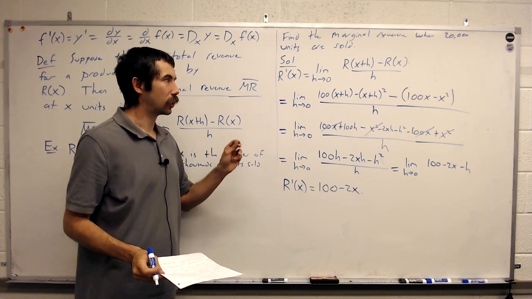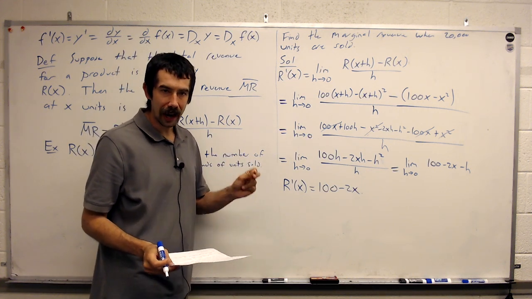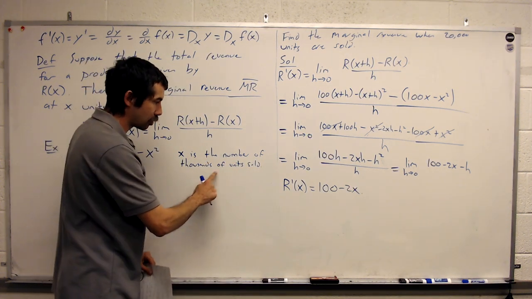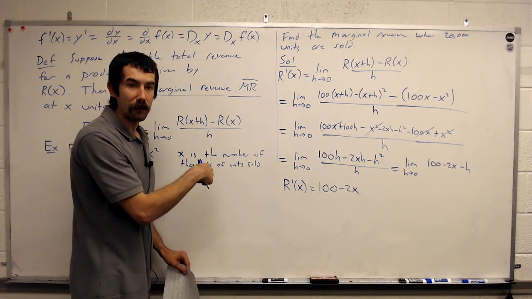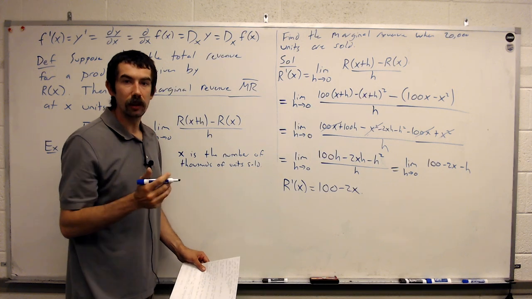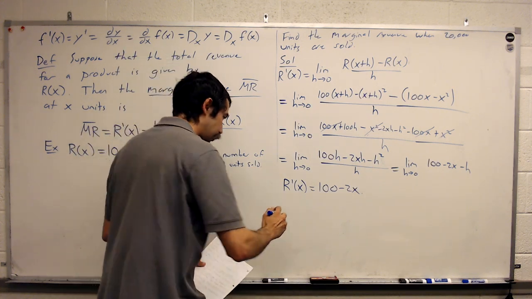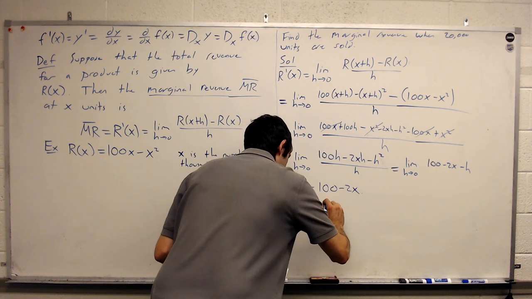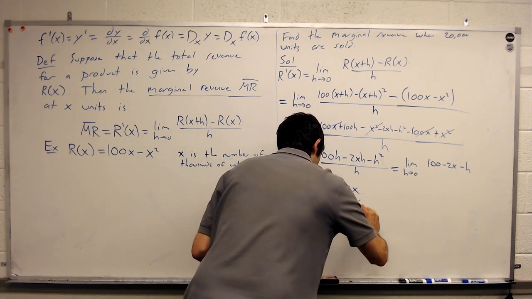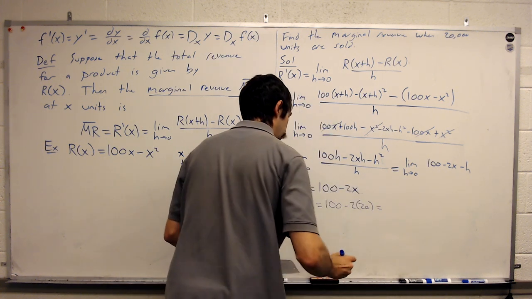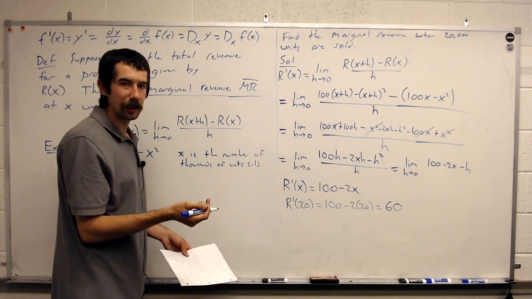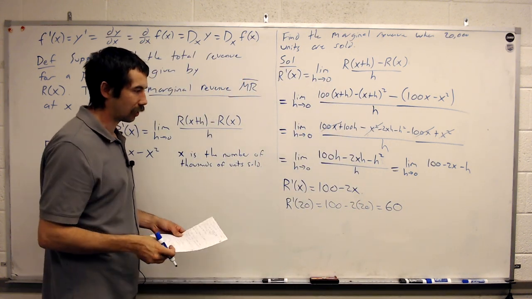We want the marginal revenue when 20,000 units are sold. x is the number of thousands of units sold, so we want to find the marginal revenue when x equals 20. I didn't say it, but the units for revenue are also in thousands of dollars.